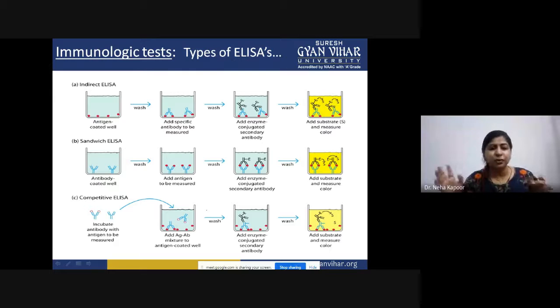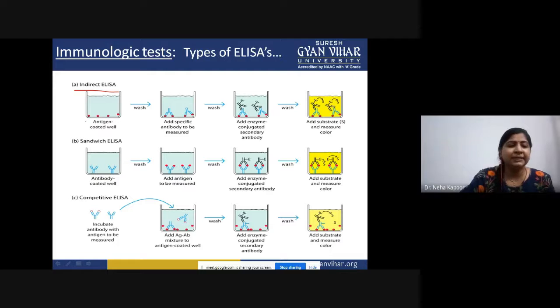So, having talked about these three types one by one, this is a complete comparison of all these techniques. In the indirect ELISA, the microtiter wells are antigen coated. However, in the sandwich ELISA, we coat the wells with antibody. And in case of competitive ELISA, we first of all incubate the antibody with the antigen to be measured.